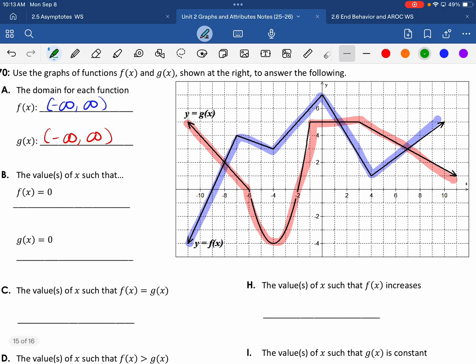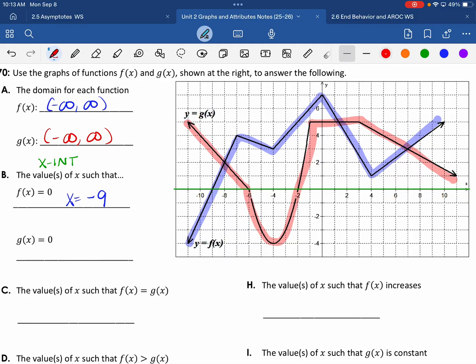All right, on part B, it says find the values when f and g equal 0. These are your x-intercepts. So I drew a green line on my x-axis. F is the blue function. When does the blue function hit my x-axis? -9.